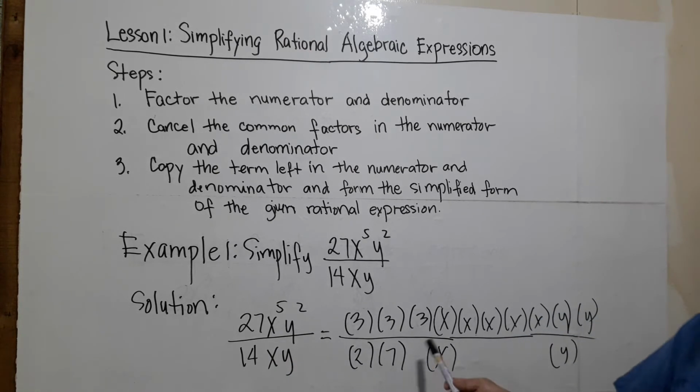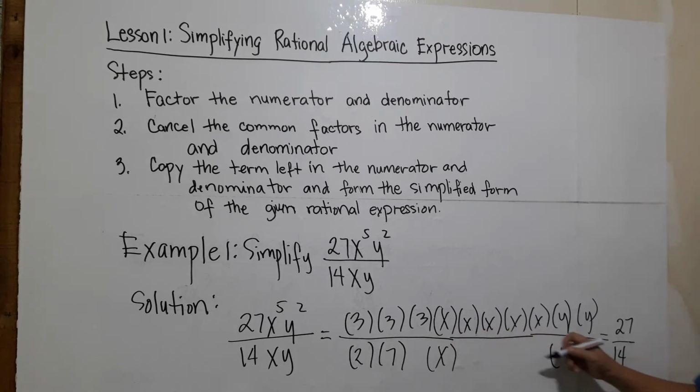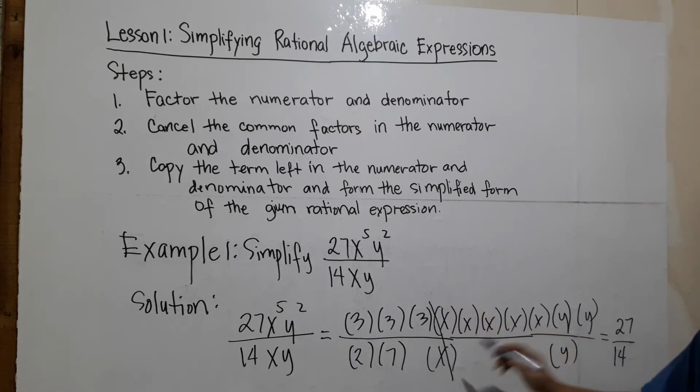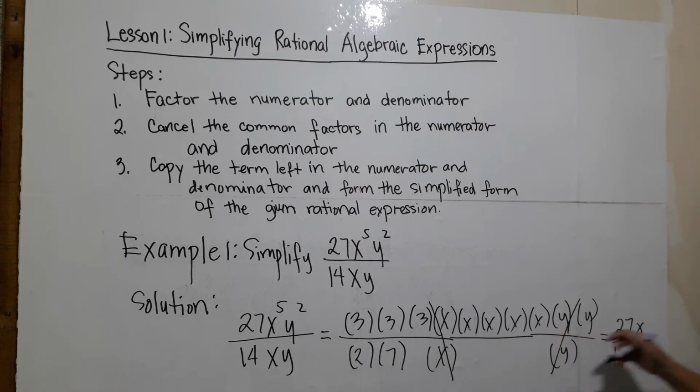So there is no common. So we simply multiply them. So you have 27, and for the denominator we have 14. But for the literal coefficients, we cancel the variables which are the same. So in the numerator, we have how many x's left? 1, 2, 3, 4.